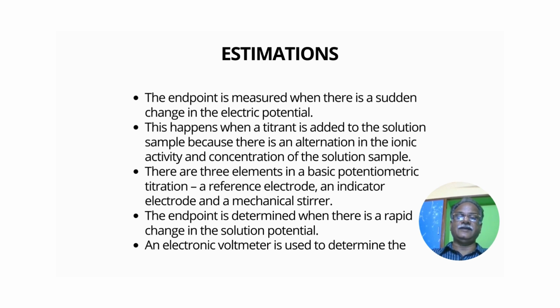There are three elements in a basic potentiometric titration, that is, reference electrode, indicator electrode, and mechanical stirrer. The endpoint is determined when there is a rapid change in the solution potential. An electronic voltmeter is used to determine the values obtained in the experiment.